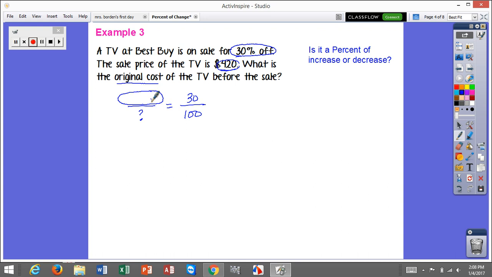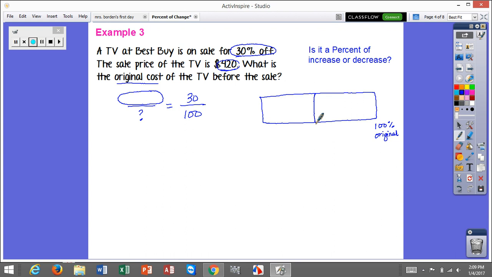So let's think about a model, and let's use a model to help us determine how we would solve this. Okay? So I'm going to create a bar model here. This bar model is representing the price of the TV. If the TV price is 100%, the original price, okay? And let me separate this into 10% chunks.